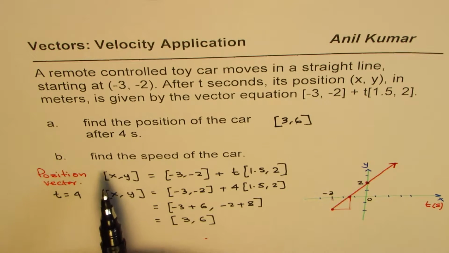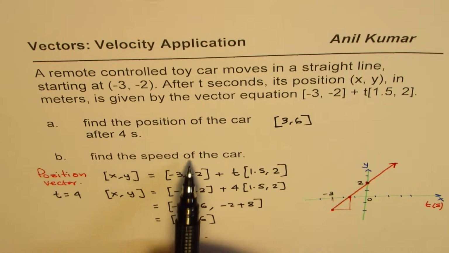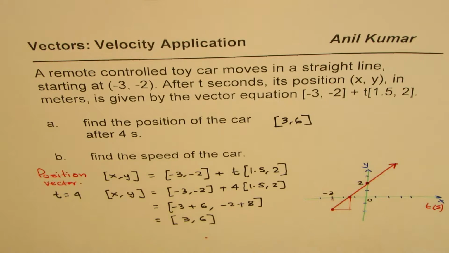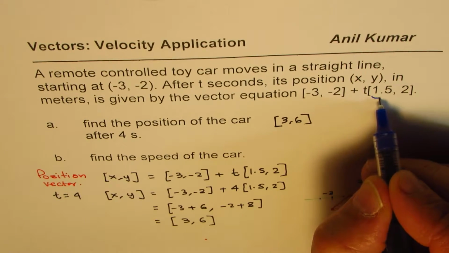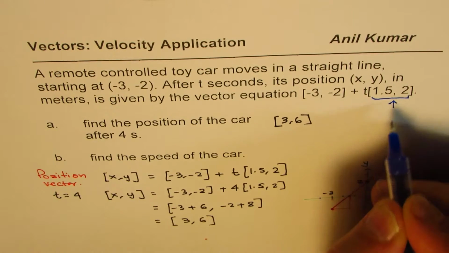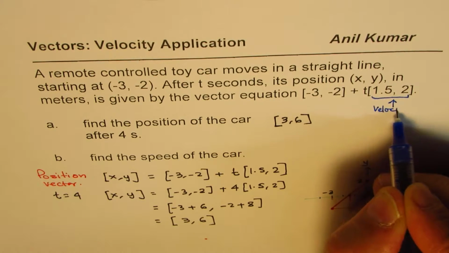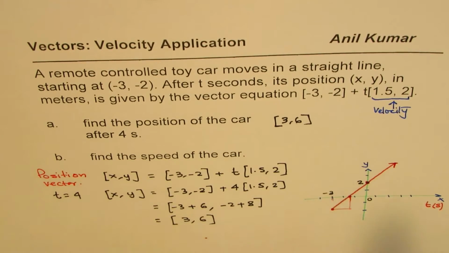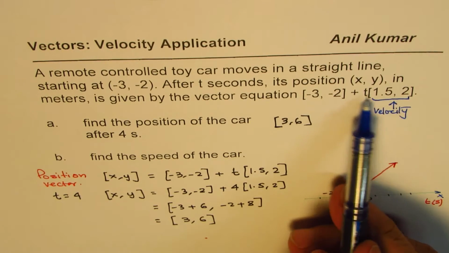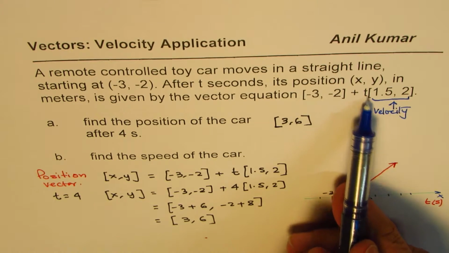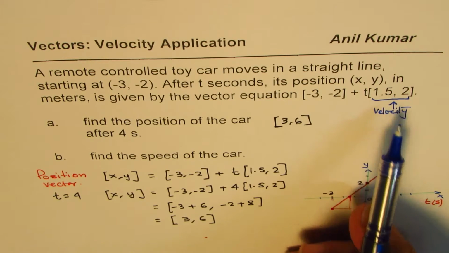Now the second part of this question is find the speed of the car. Now this portion here represents velocity. As you know, distance is speed into time, velocity into time, right? Time into velocity is displacement.